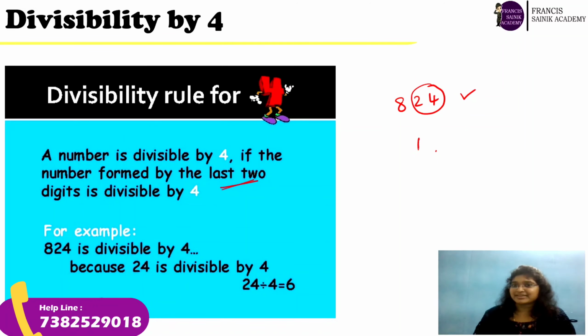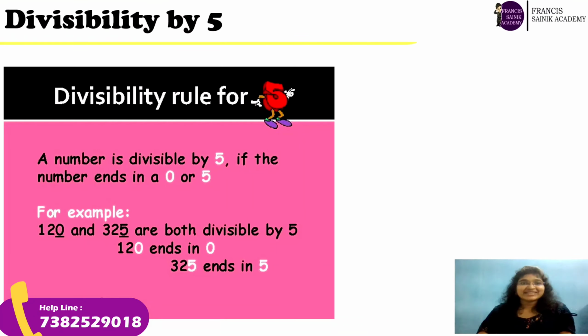One more example. 1000. What are the last 2 digits? They are zeros. So, again 1000 is divisible by 4. Next, let us know the divisibility rule for 5. It is very simple. If the last digit is 0 or 5, then the entire number is divisible by 5.